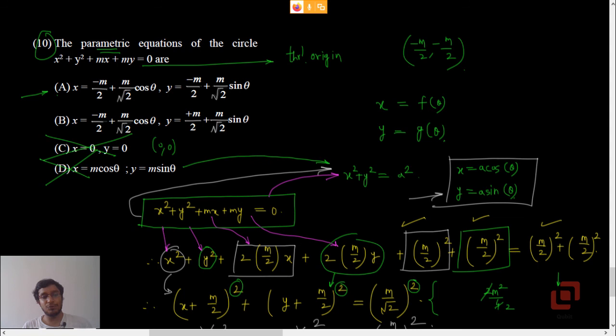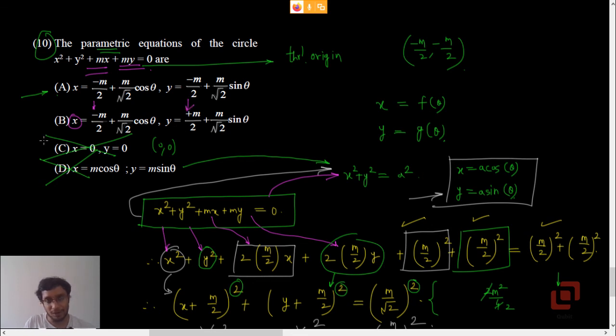The other thing which you may have observed here is the coefficients of x and y are the same. What are they? m and m. So if that were the case, then you definitely cannot have negative m by 2 for x and positive m by 2 for y.